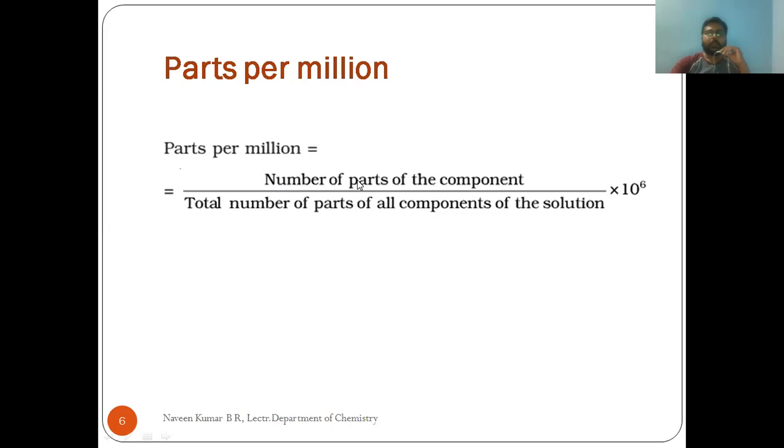It is number of parts of that component to the total number of parts of all the components in the solution into million, that is 10 to the power of 6. The unit is ppm.